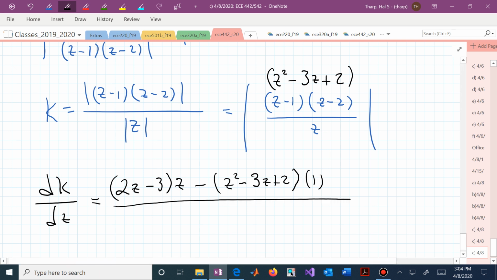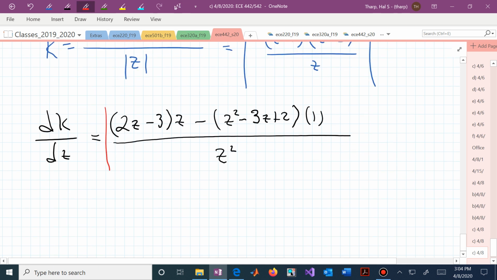And that's divided by z squared. And again, we will want to take the magnitude of that, but for now, let's not worry so much about that. We now want the magnitude of that to equal 0. We can make that happen if we make the numerator of that expression equal 0.